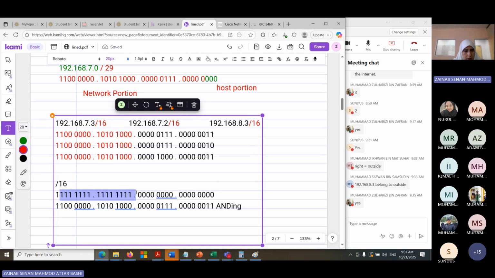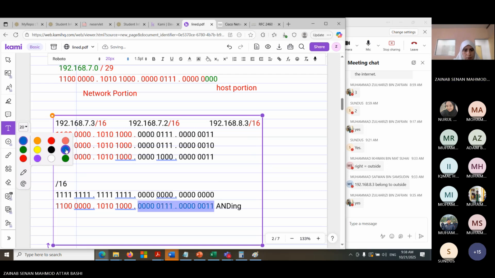One of them, sixteen 1s, represents /16. It represents the network portion. So when it does the ANDing operation, it will know that this part is the network and this part is the host portion. This is how the device, switch, router, computer, understands the subnet.